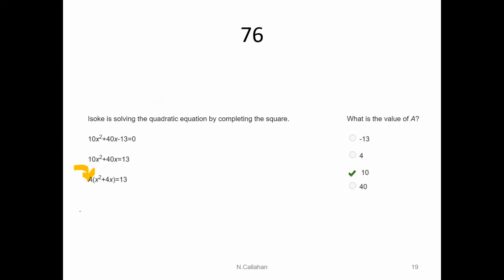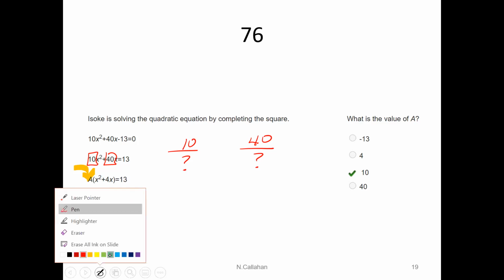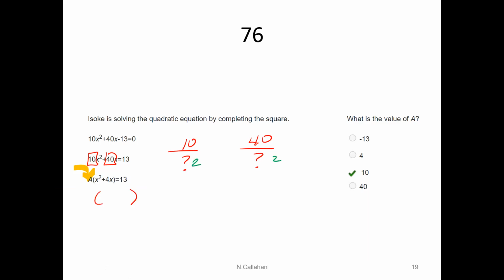So looking at this part here, between 10 and 40, if I were to take a number out, what divides into 10 and what also divides into 40? Has to be a number that goes into both. Now, I know you could say something like, oh, well, 2, that's correct. 2 goes into it, but that's not the biggest number. You want the biggest number. You could say 5. Okay, that's true, but that's not the biggest number. Can we do 10?